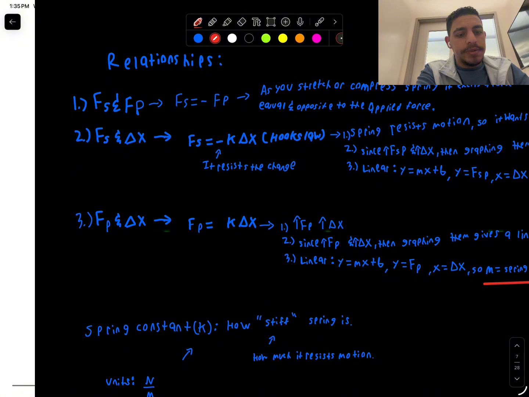This helps us figure out what the spring force is based on the displacement. It helps us figure out what K is. You're able to use this equation to figure out a lot of things that we'll go over later on in the video. But it's a very important relationship to keep in mind.